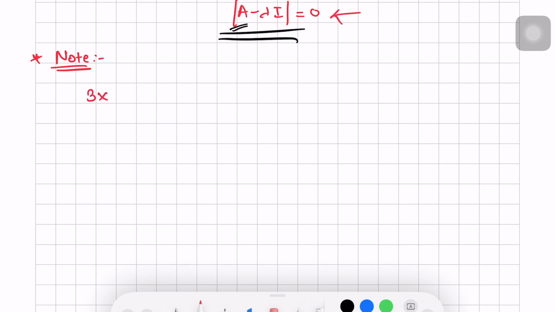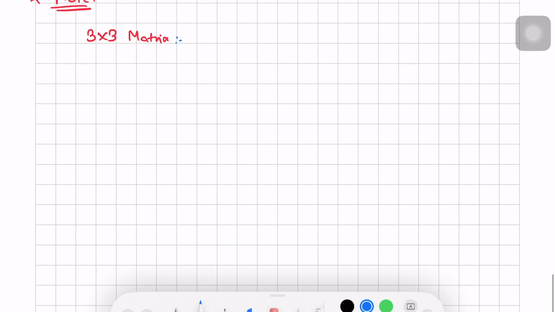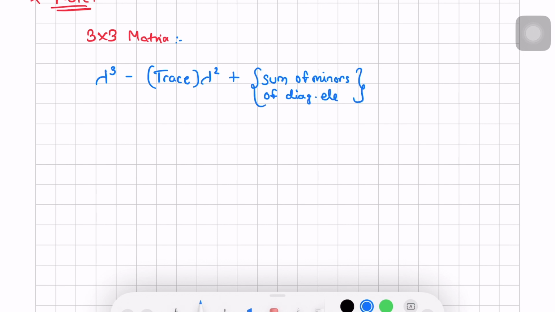For a 3 by 3 matrix, the shortcut to find your characteristic equation is lambda cube minus trace into lambda square plus sum of minors of diagonal elements into lambda minus your determinant.